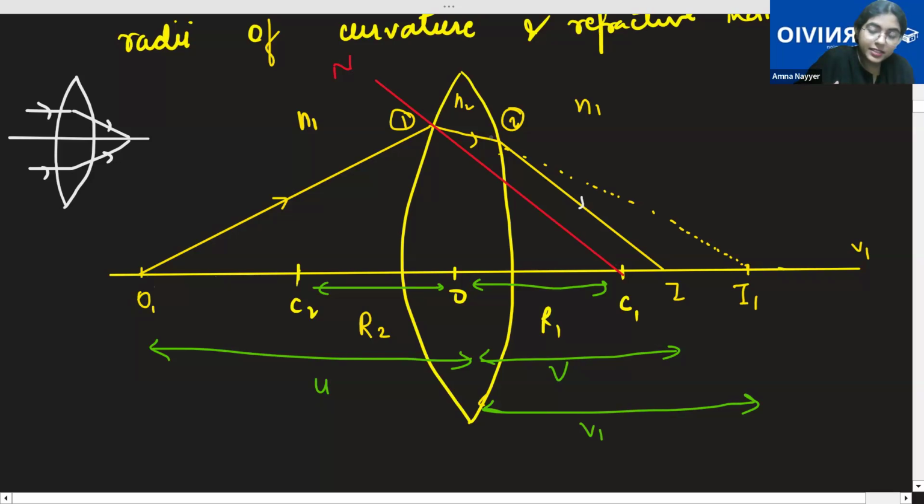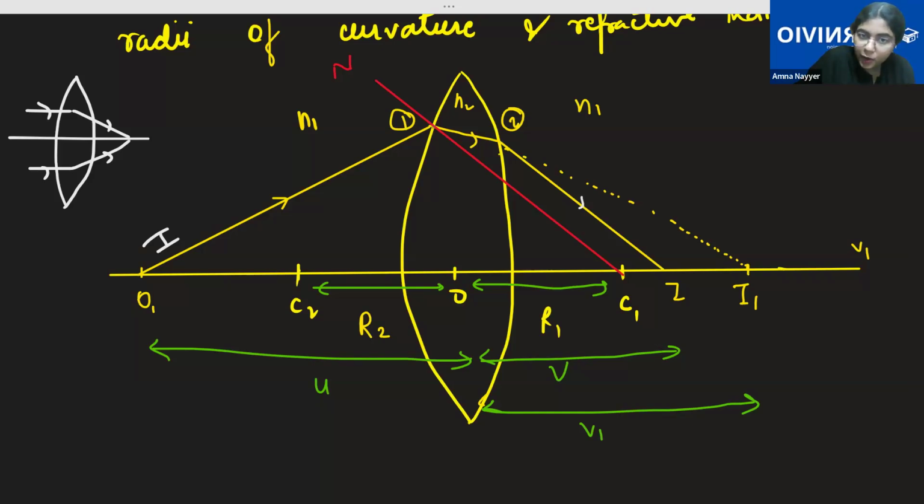Now, like the previous question which we discussed, if the second surface wasn't present, the ray of light would have gone straight and an image would have been formed, which is the temporary image, that is I1. That's why we did a similar question before. This is your incident ray, this is the refracted ray. Refraction has occurred at this first point. This is N1, this is N2.